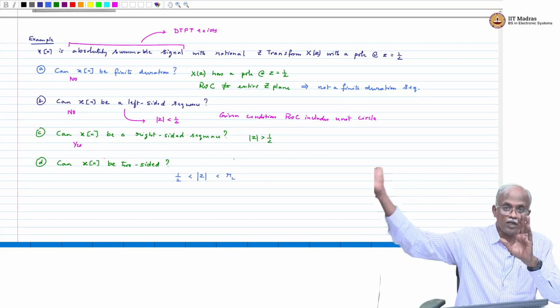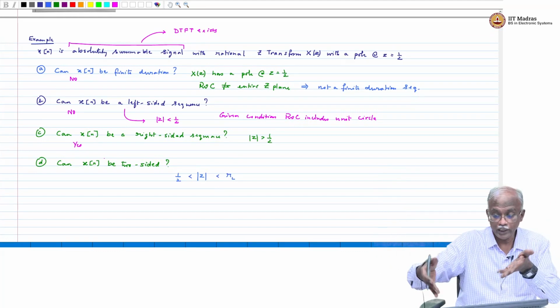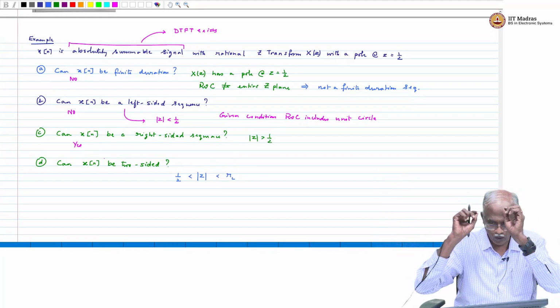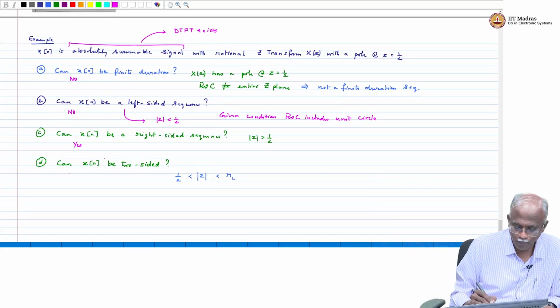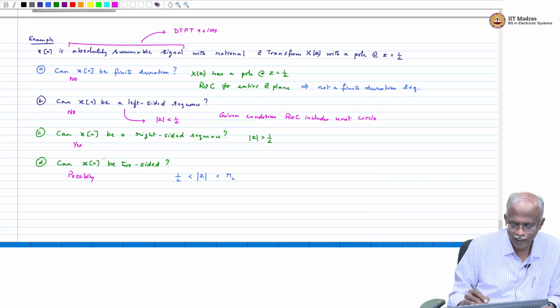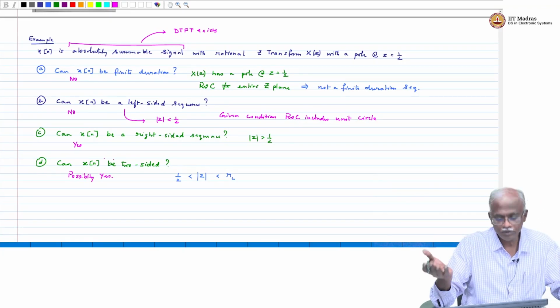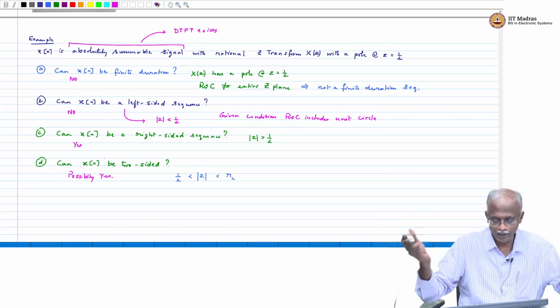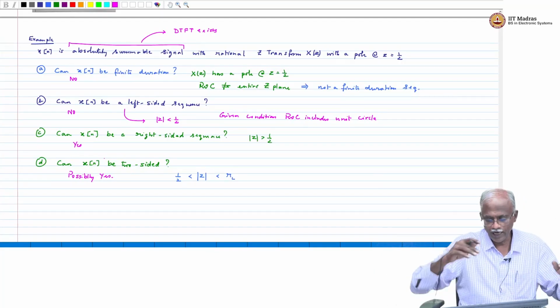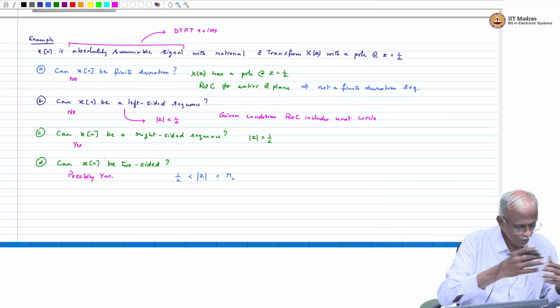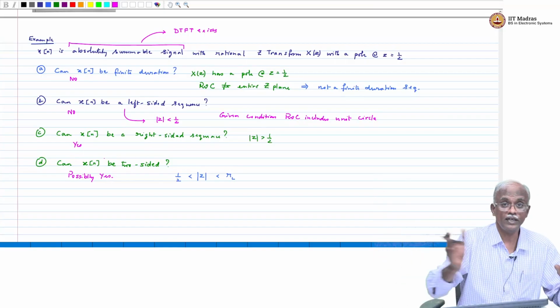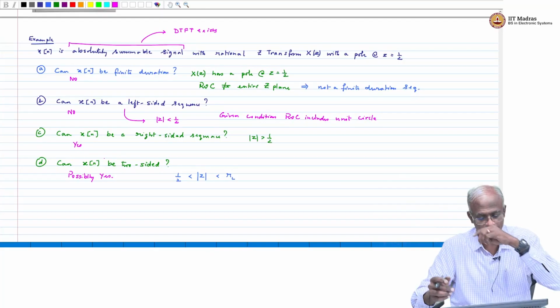That means there is another pole, which is not excluded, because all we know is that there is one pole at z equal to 1/2. So this is a possibly yes. We don't have all the information, but if you have to give an answer, it is possible that it can be two-sided, because you can have another pole which will be limiting the sequence. So it will be a left-sided component and a right-sided component.